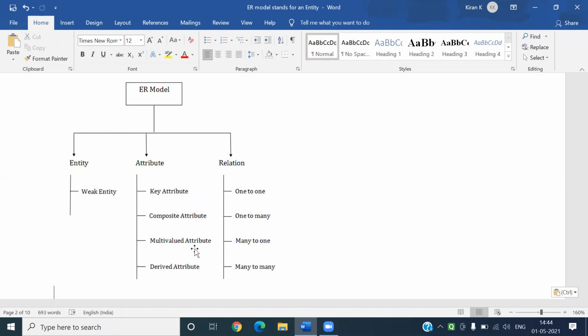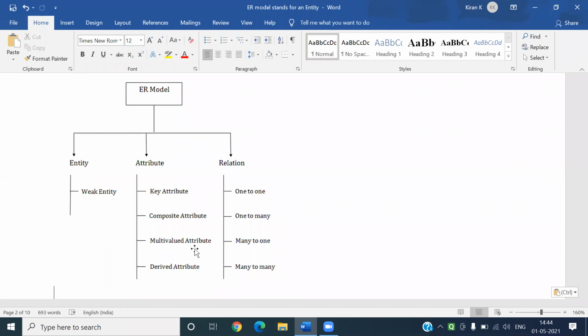That is why such attributes should always be calculated. If you save date of birth, my dear friends, and today's date is 2021, you can easily calculate the age between date of birth and today's date, and display that age. That age is called derived attribute.